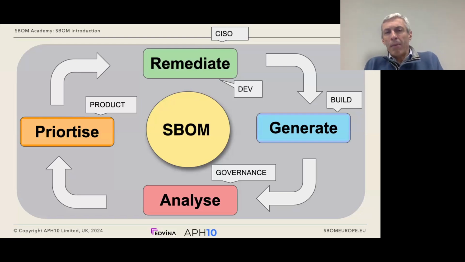Are you following the development policy, maybe for use of licenses, particular types of licenses? Are you using components that you accept as being previously approved? Various different use cases depending on your organisation. That forms part of the governance.